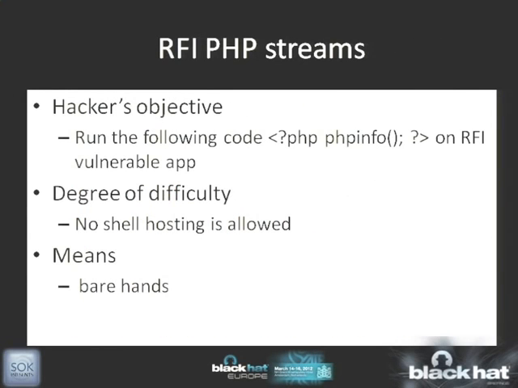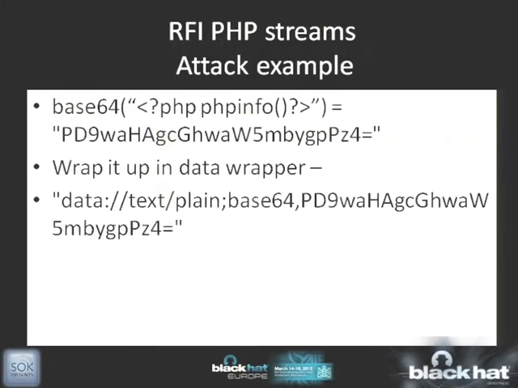From the hacker's objectives, we want to run the following code, phpinfo, on an RFI vulnerable app, but this time no shell hosting is allowed. This is the hacker's objective, and it can be done using the data wrapper.